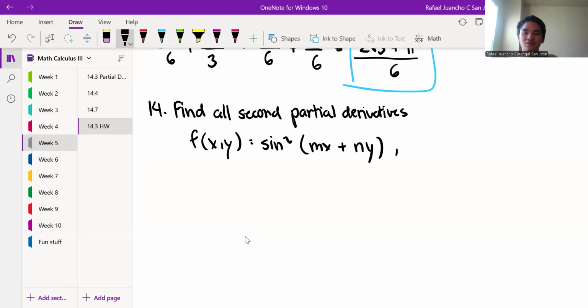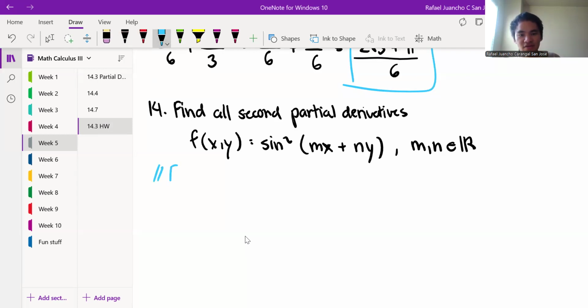And I'm assuming m and n are just some constant values. I'm just saying that to be super clear that these are just numbers. Let's do f_xx. Actually, we're going to do all of them: f_xx, f_xy.